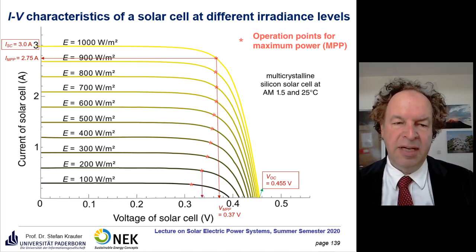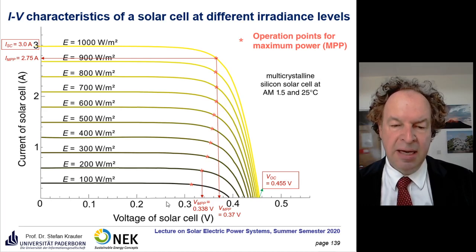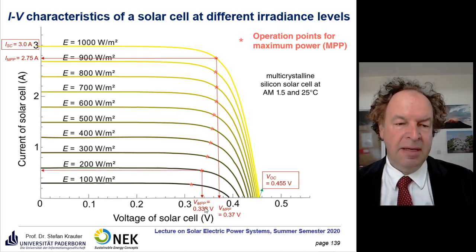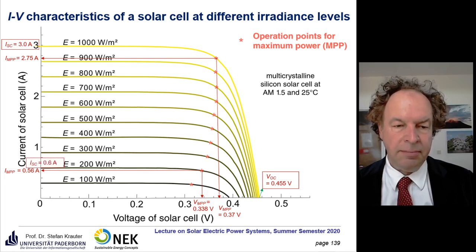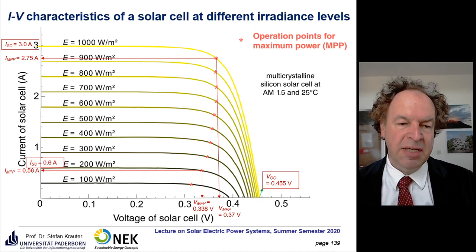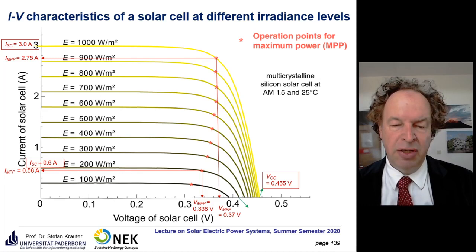Then for the second irradiance, at 200 watt per square meter, the voltage in the maximum power point is 0.338 volts, and the according current is 0.56 amperes. Also, the short circuit current is 0.6 amperes, and the open circuit voltage for 200 watt per square meter is 0.414 volts.